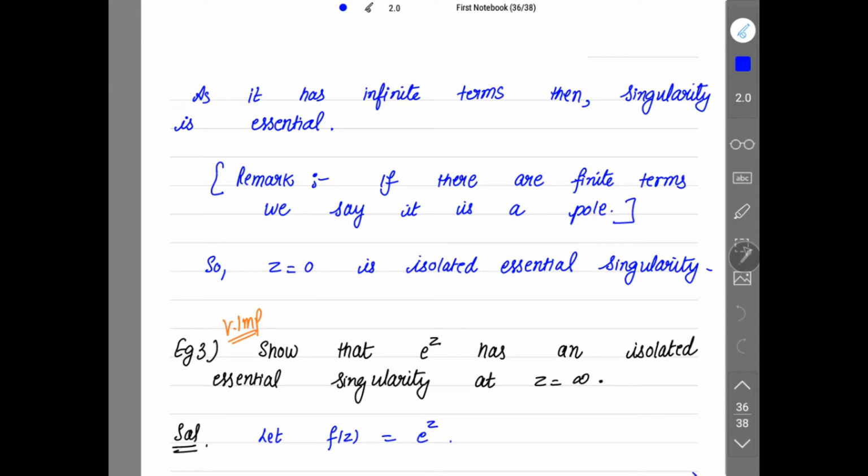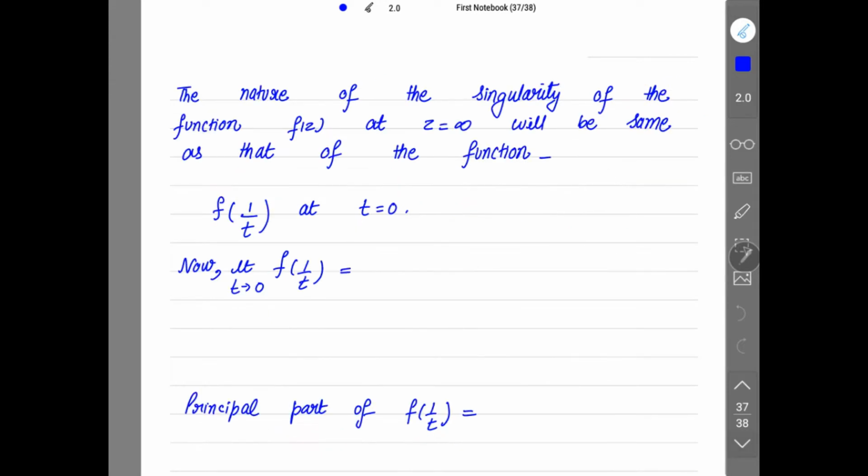Third example, this is also very important. Show that e to the power z has an isolated essential singularity at z equal to infinity. Now let f(z) equal to e to the power z. I have to reciprocate it, right? Because the nature of the singularity of the function f(z) at z equal to infinity will be the same as that of the function f(1/t).